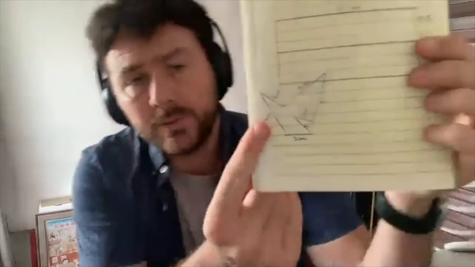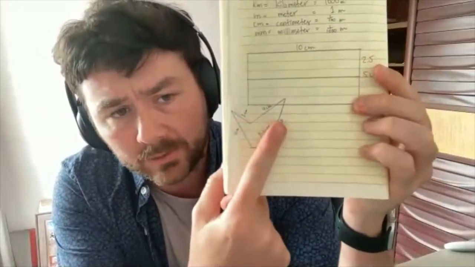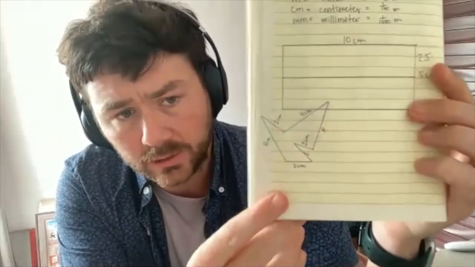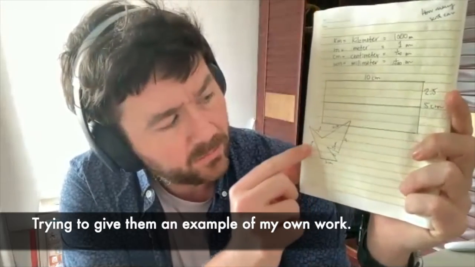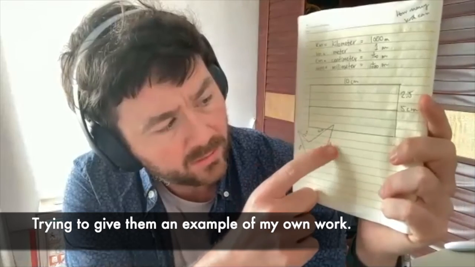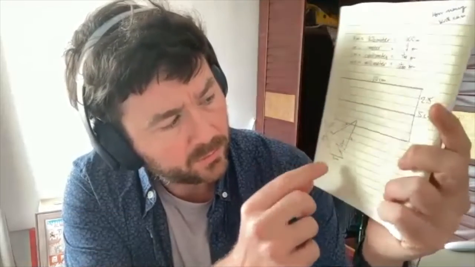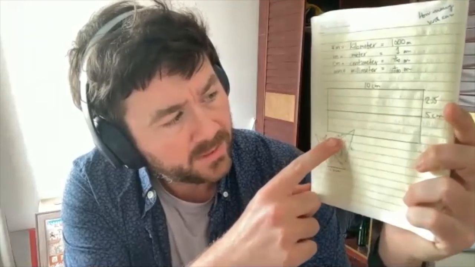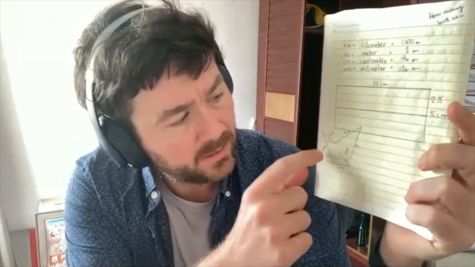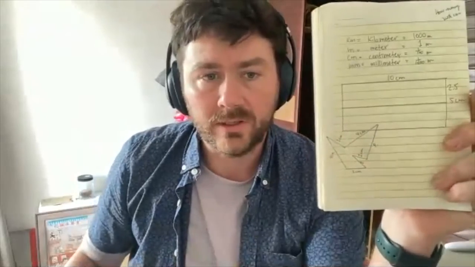And when I did it, I was trying to show each of my measurements around the shape. So you can see I did 2 cm, 4, 2, 4, 4, 2, 2. So 2, 4, 6, 10, 14, 16, and 20. So my shape has a perimeter of 20.